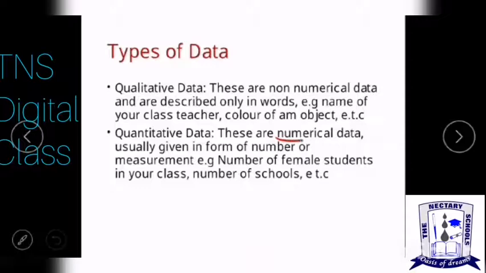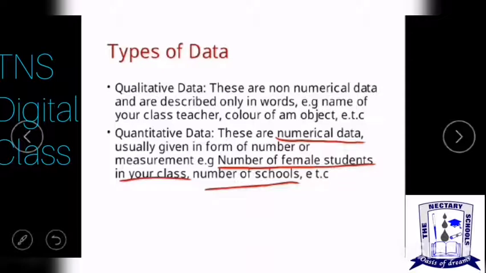The other type of data, which is quantitative data, deals with numerical data. Deals with what? Numerical data. It is usually given in form of number or measurement. For example, the number of female students in your class, the number of schools in Lagos State, the number of teachers in your schools. When you want to give answers to those questions, your answer would be in numbers.